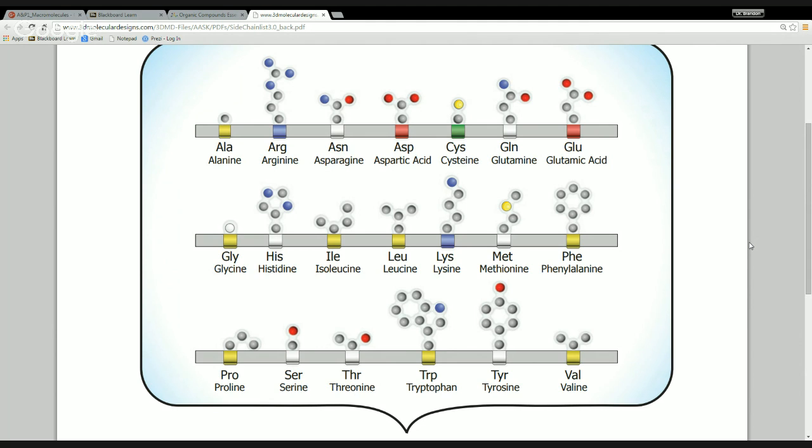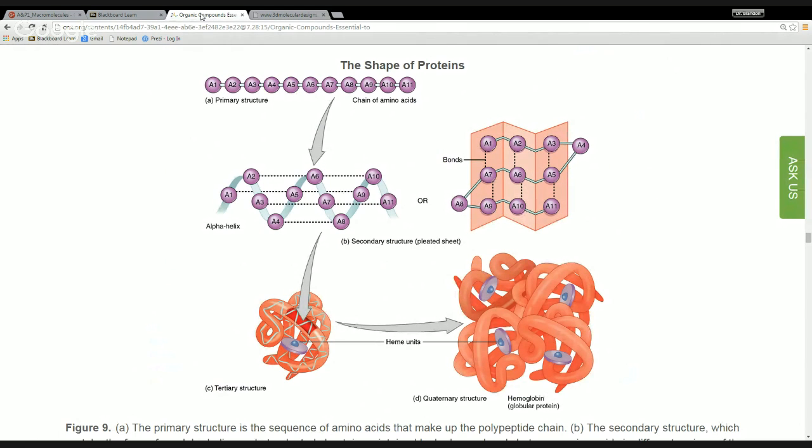In the book, the figure about protein structure. Okay.